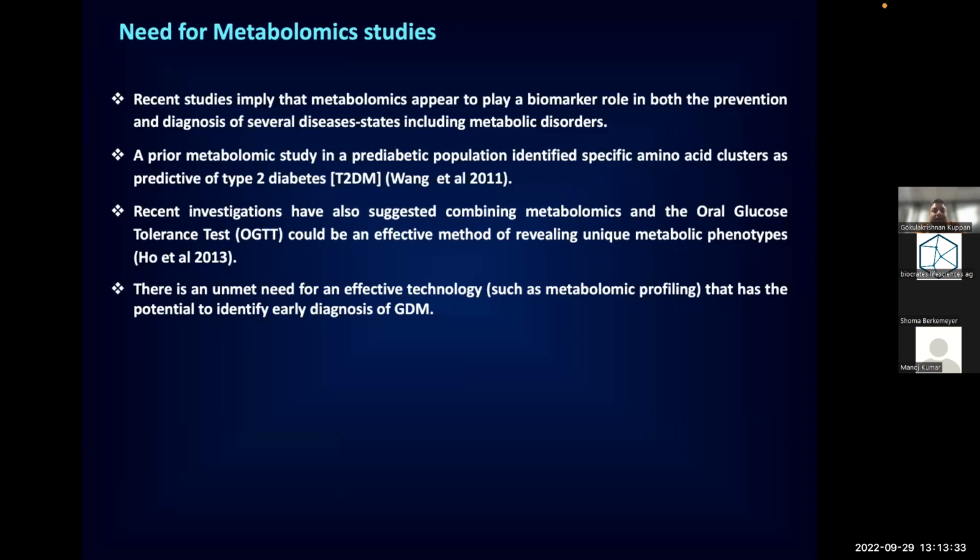And recent investigations also suggested that combining metabolomics along with OGTT could be an effective method of revealing unique metabolic phenotypes. And of course, there is an unmet clinical need for an effective technology like metabolomic profiling that has the potential for early diagnosis of GDM.